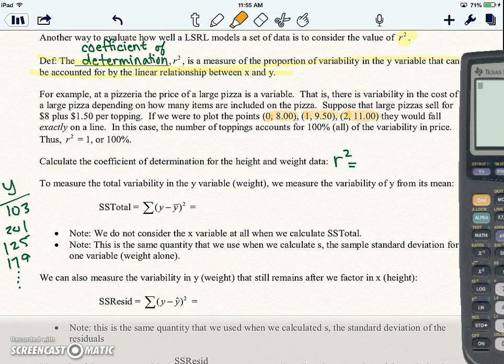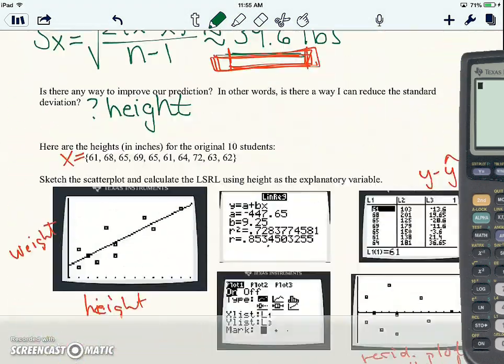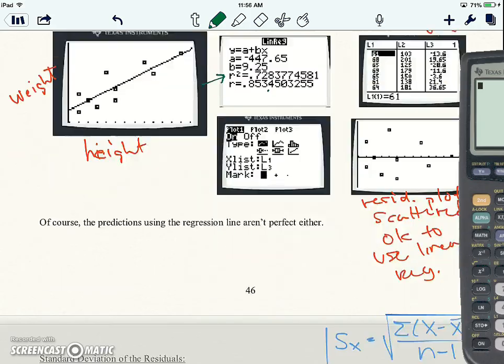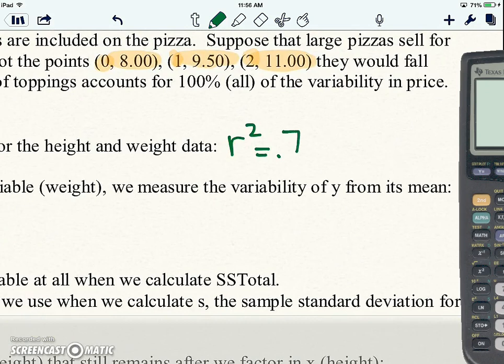We want to calculate the coefficient of determination for the height and weight data from last time's lecture. Well, we actually already did that. And if we go back right here, our r squared was 0.728, or approximately 72.8%.